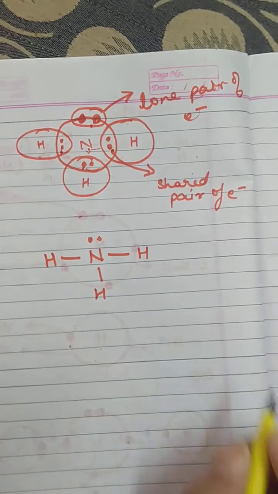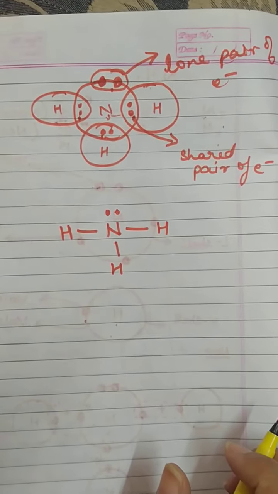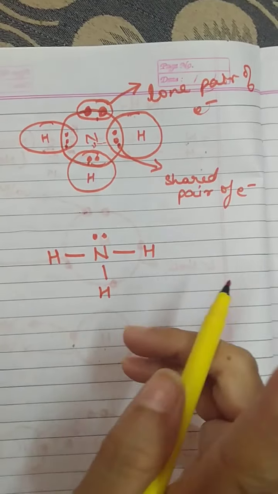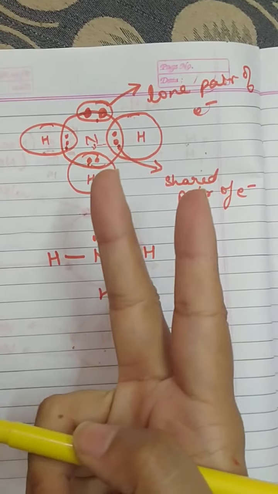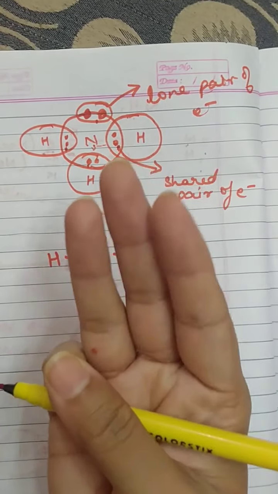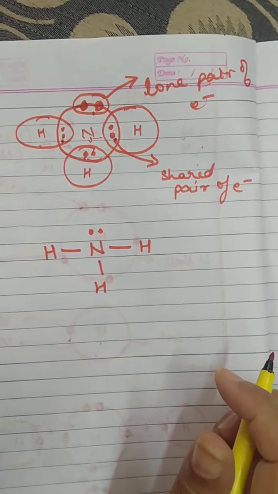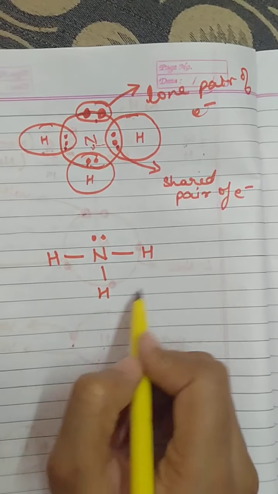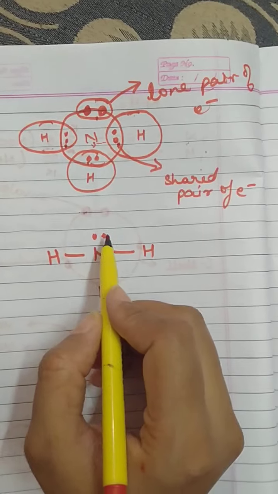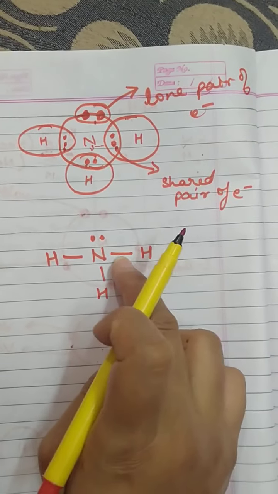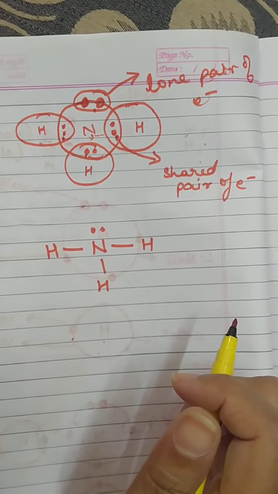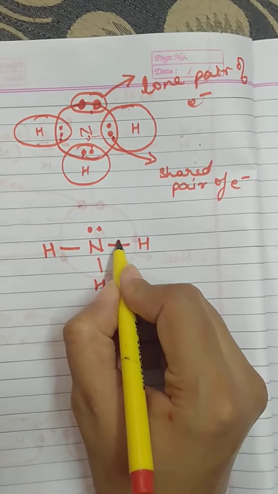Today in the class I told you that sharing of 1 electron leads to a single covalent bond, sharing of 2 electrons per atom leads to a double bond, sharing of 3 electrons per atom leads to a triple bond. So in the case of ammonia, the structure will look like this. Remember that whenever you are drawing this type of structure where you are using a dash for the shared pair of electrons, one dash means 2 electrons.